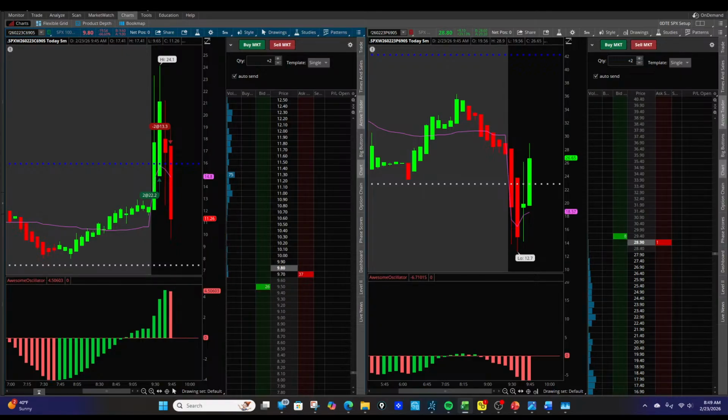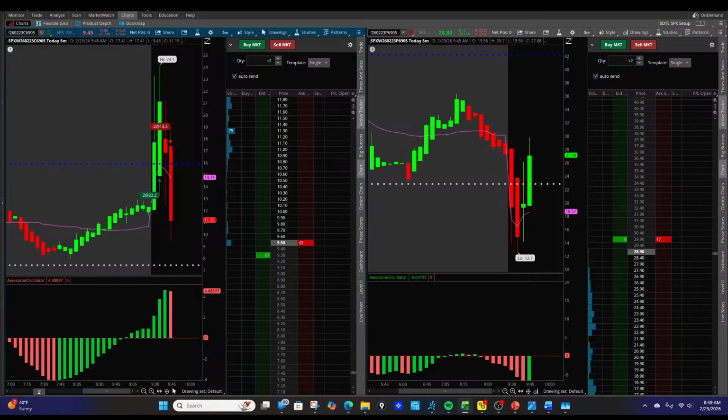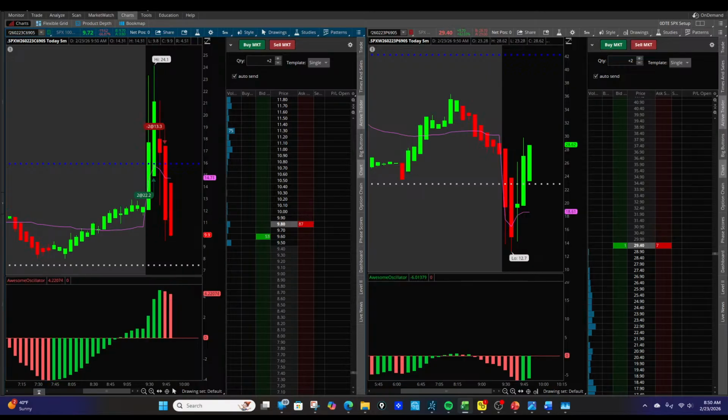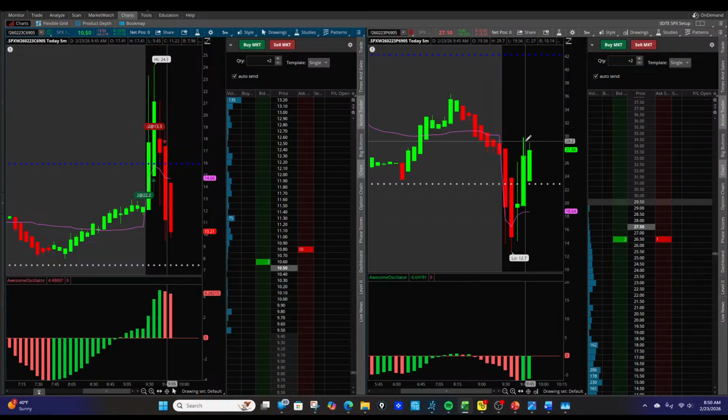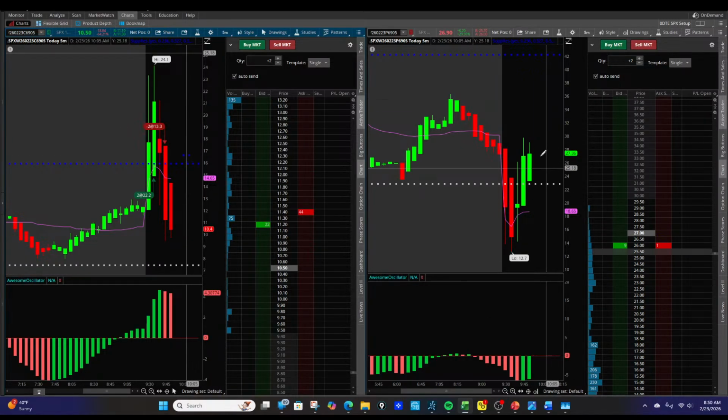Okay, in about 10 seconds, we're going to get a new candle, and that will tell a lot. Okay, came in a little below, but the real body has gone up just a tad.